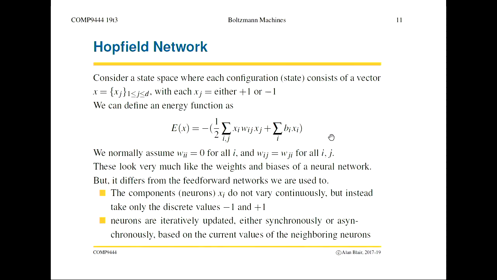So first of all, we can think of these xi's as if they're neurons, and then there's this loss function we want to minimize. But in our case, these values don't vary continuously. They have to take on discrete values. So you're not allowed to have xi just change to be 0.4 or something like that. If it was previously 1, it has to either stay 1 or change to -1. It doesn't have a choice. I mean, it can't be in the middle.